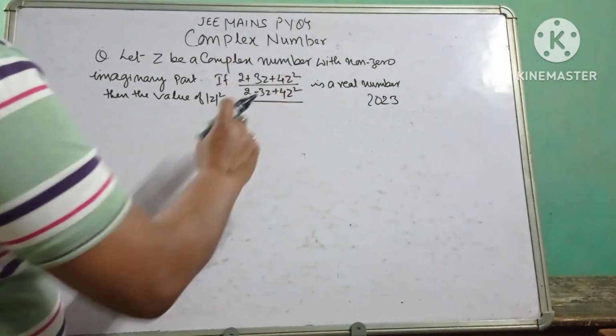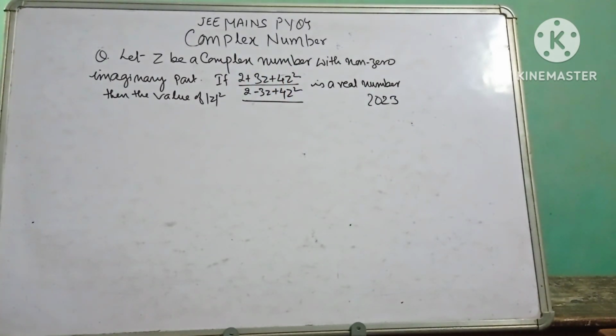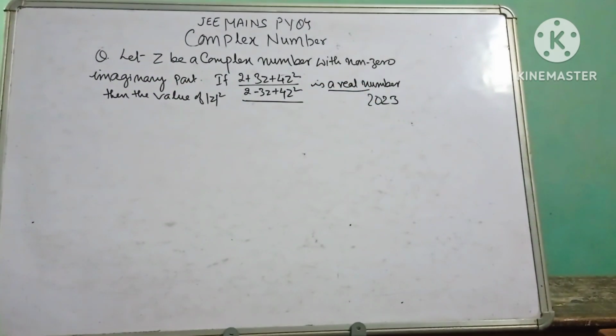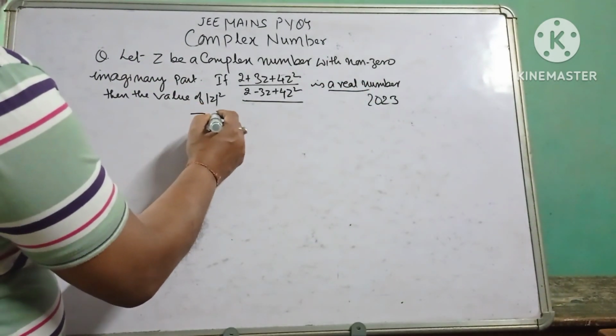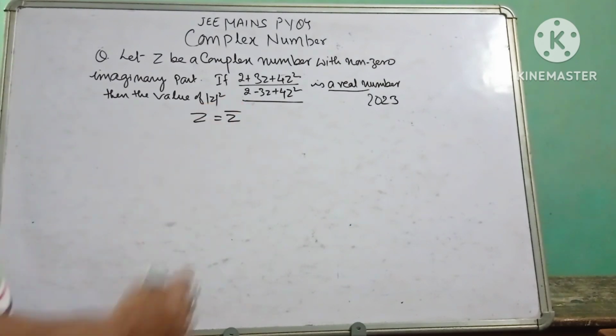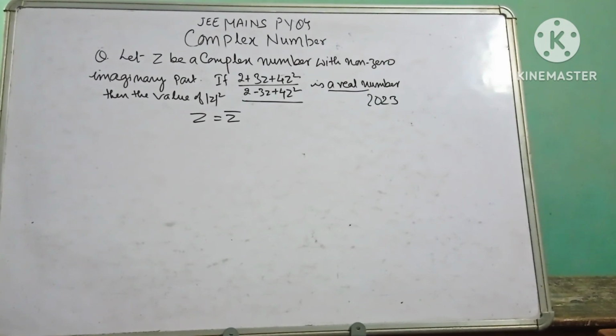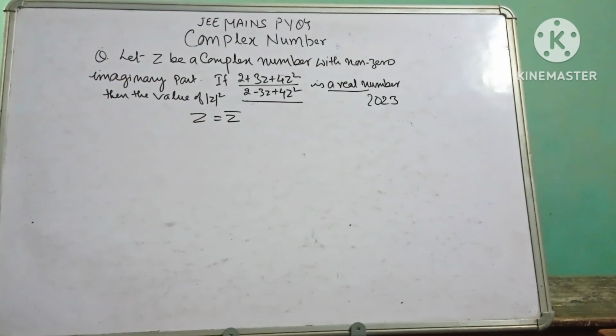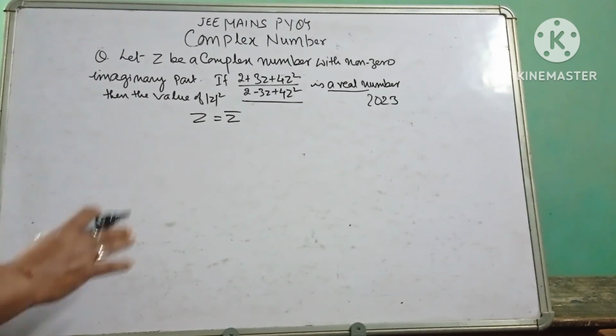See, this is a real number. The most important thing, this is a real number. For a real number, z is equal to z bar, the conjugate of z. They are equal. This is the main concept of this problem to solve it.